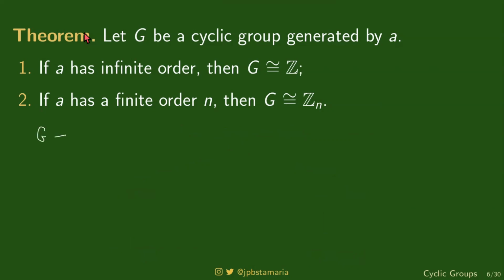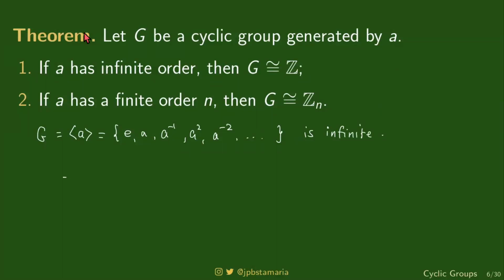Kasi kapag si a ay may infinite na order, it's generated by a, sabi ng previous theorem, ang laman nito, itong set of powers na to ay infinite at walang dalawa dyan ang parehas. No? Ang tanong, bakit isomorphic yan sa Z, sir?